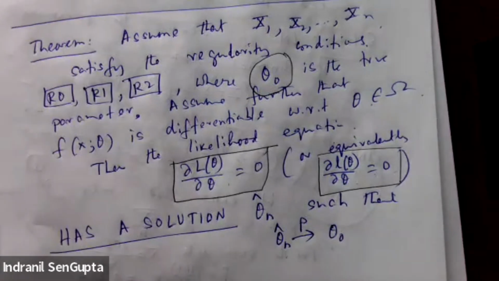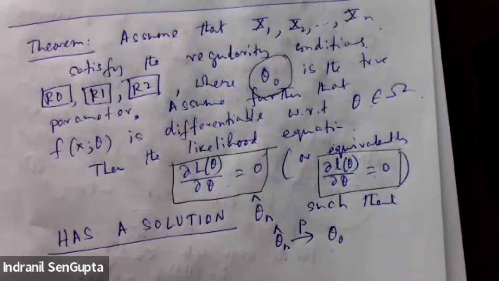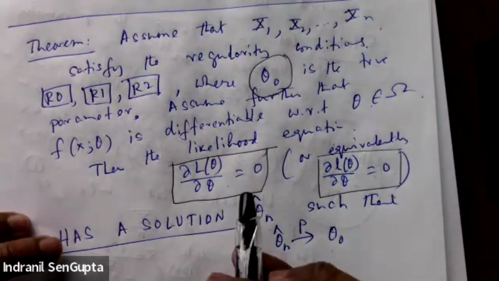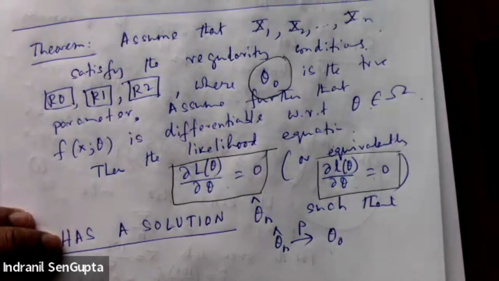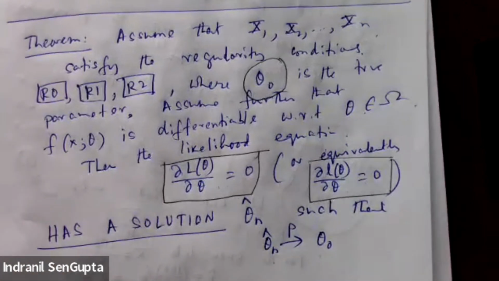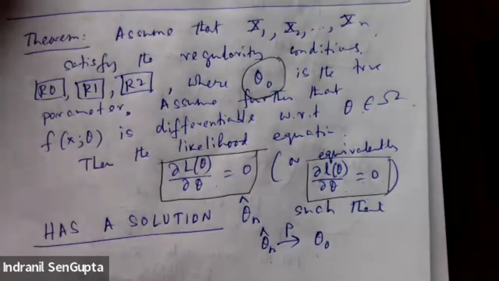Now, this is actually too broad, in the sense that it's kind of vague. It discusses that there is one solution and this is going to the true value. So it's not really telling us very clearly anything, though it's a very important theorem. But the next version that I'm going to write will make it more clear. And here is my next version. So here is a corollary.